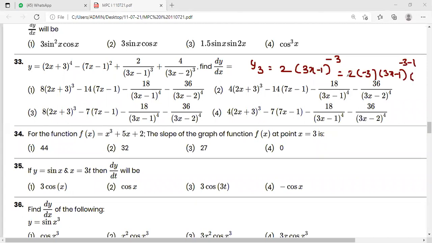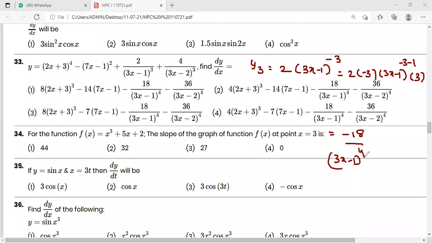And the derivative of the inside function is 3. And finally, how much is it? 2 into 3 is 6. 6 into 3, 18. So finally, minus 18 into 3x minus 1 whole power minus 4. When it comes to the denominator, 3x minus 1 whole power 4. The third function will be minus 18 by 3x minus 1 whole power 4.